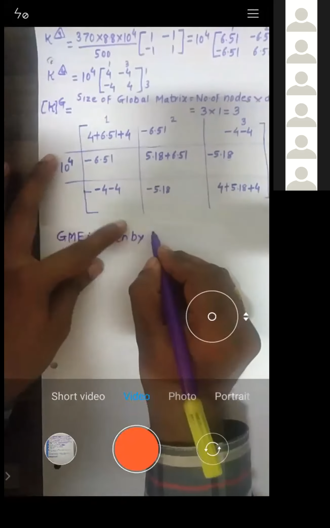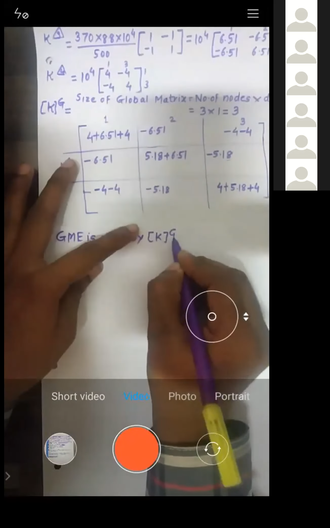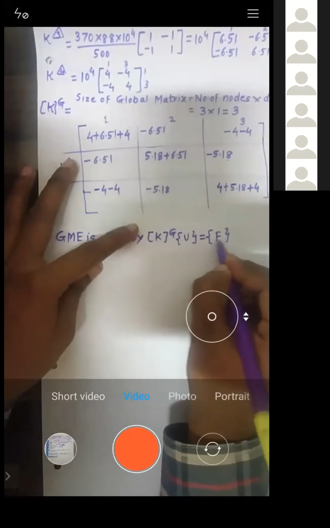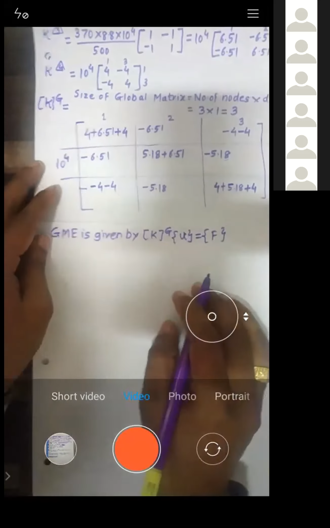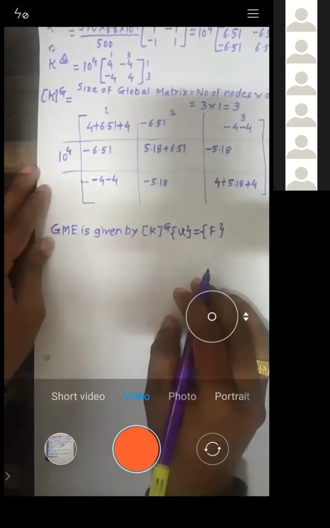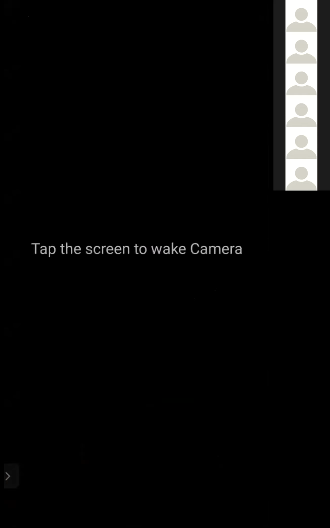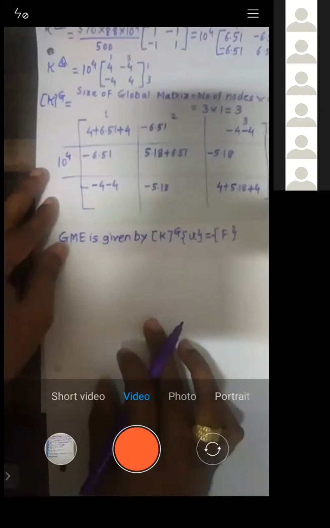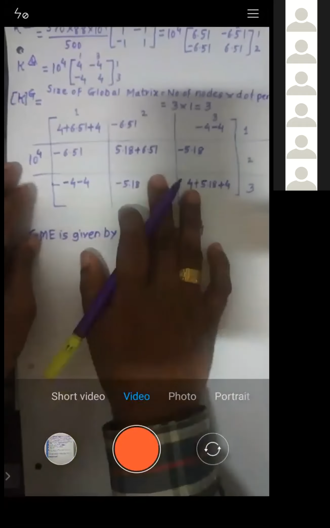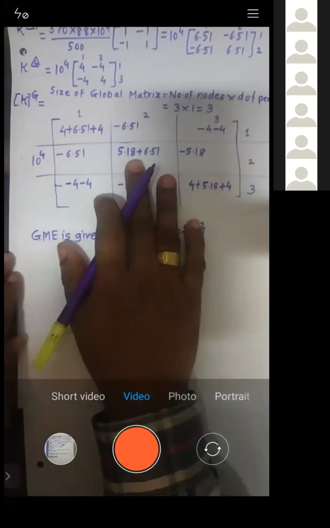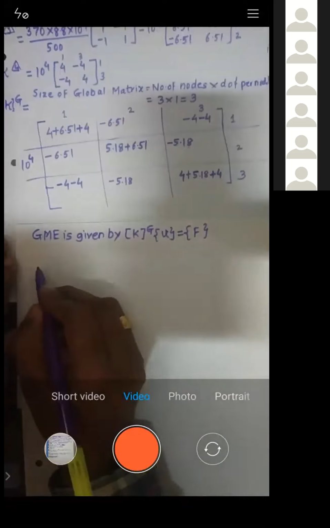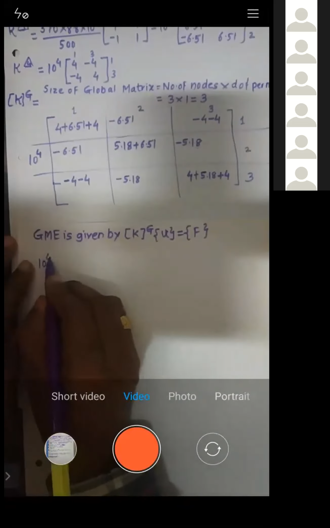What is GME? Global matrix multiplied by displacement is given by force, right? So don't forget to take this 10 raised to power 4 common.